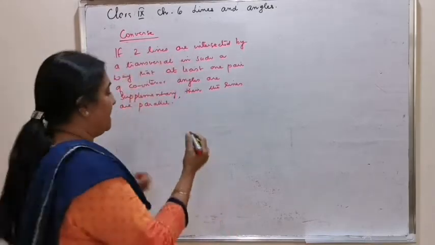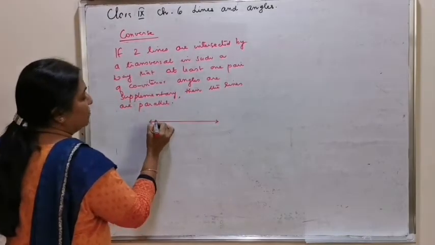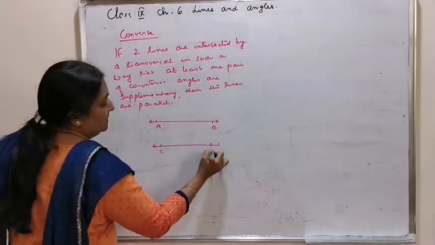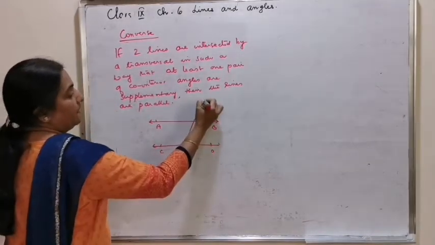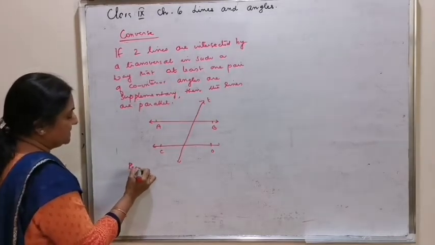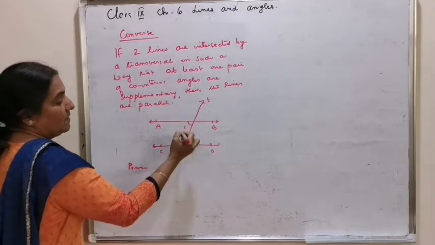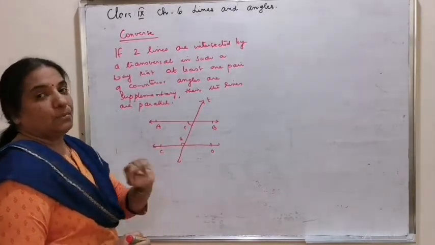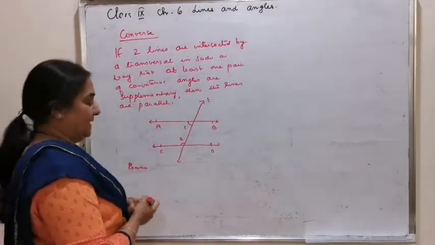The same, given AB and CD are two lines and transversal T intersects AB and CD, forming one pair of co-interior angles 1 and 2 such that 1 plus 2 is equal to 180.